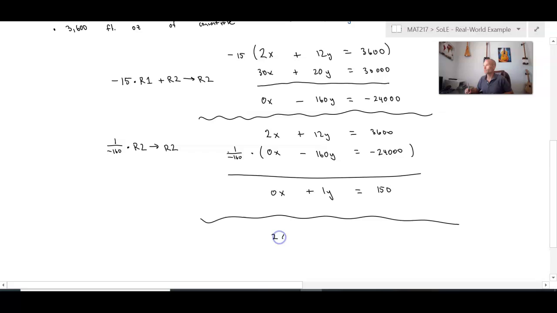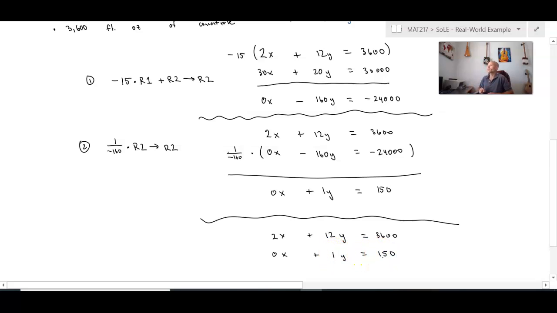intact and just copy down our equations at this juncture after performing operation 1 and operation 2. So we have 2x plus 12y equals 3600, and 0x plus 1y is equal to 150.